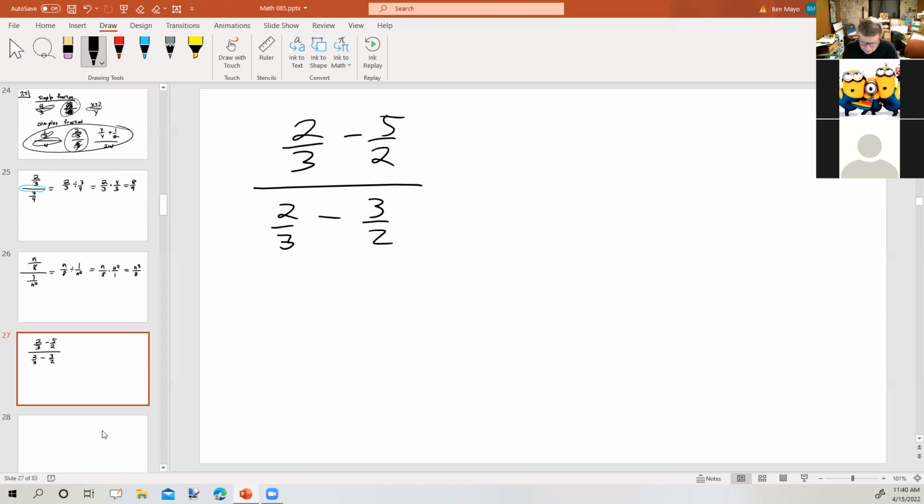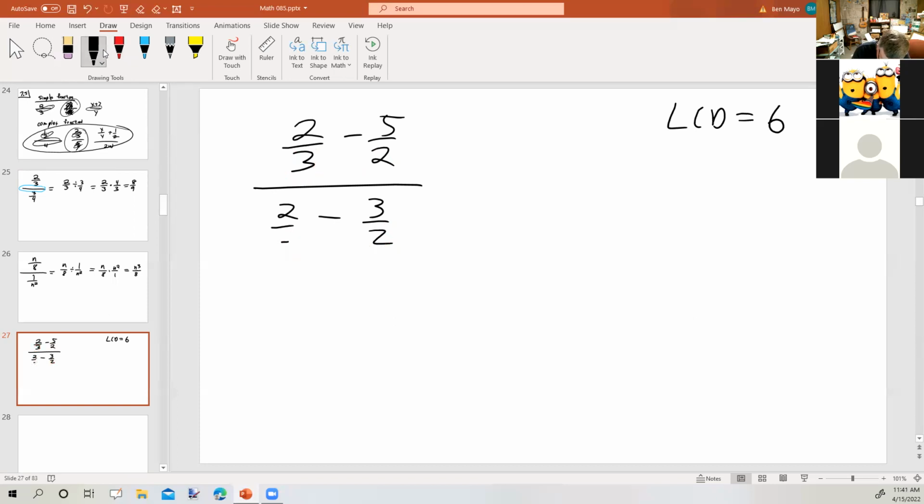So what we're going to do now is find the LCD of all the little denominators. What's the LCD of 3 and 2? It would just be 6.